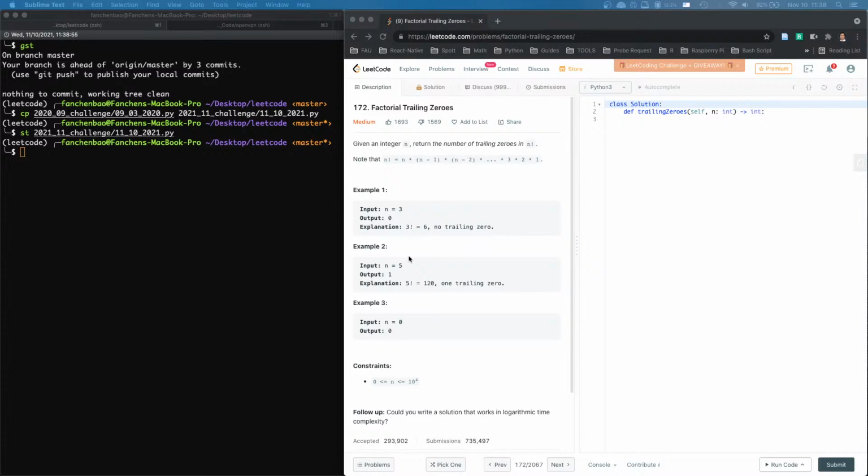Oh, wait, no. Two values multiplying, right? And then we can only produce 1 trailing 0. I don't know. Is that the way to go?